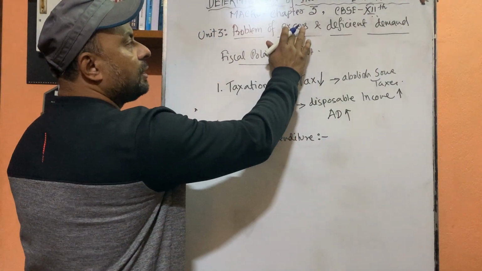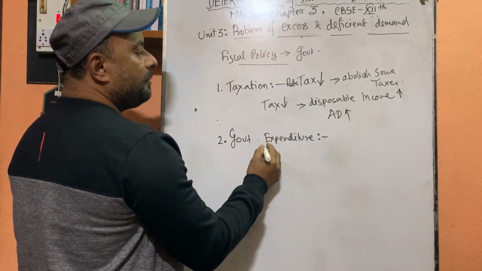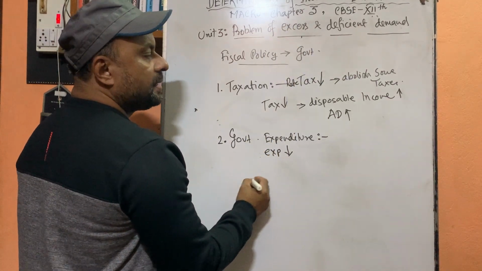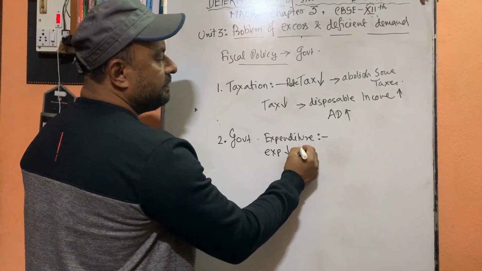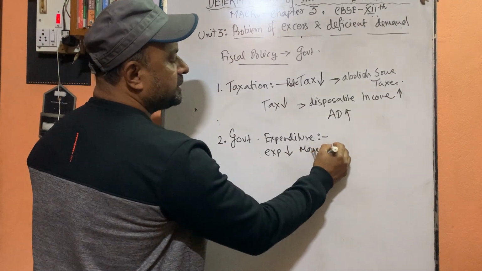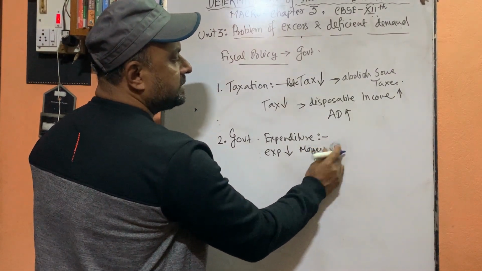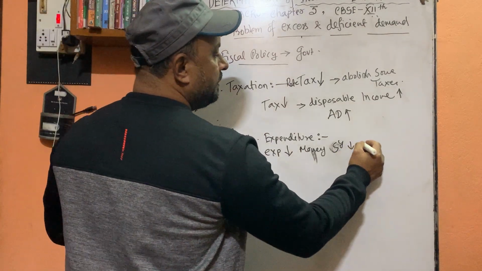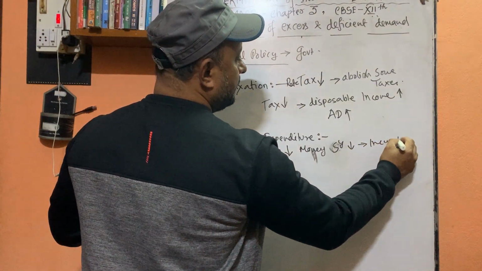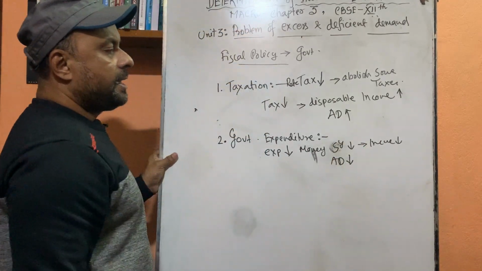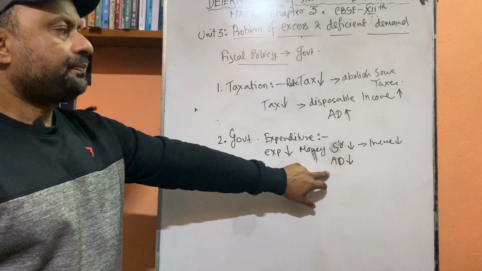When there is already excess demand in the country, government will reduce its expenditure, and what happens? Less money will be supplied in the economy due to the fall in government expenditure, so people's income will fall, and then our aggregate demand level also will fall and the economy reaches equilibrium.